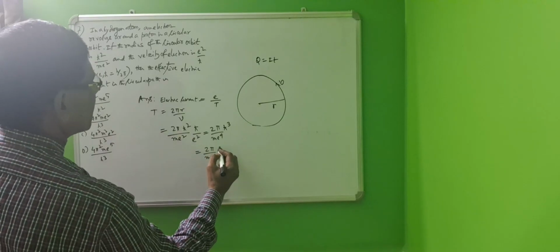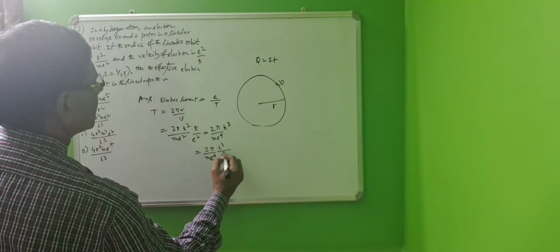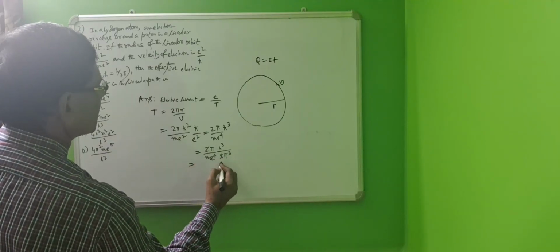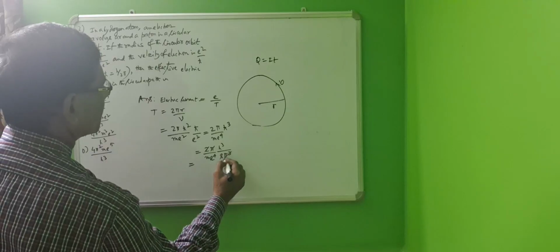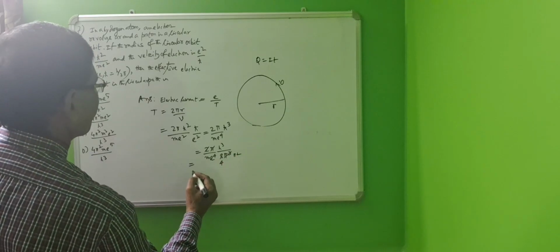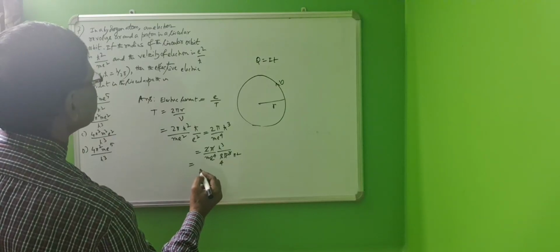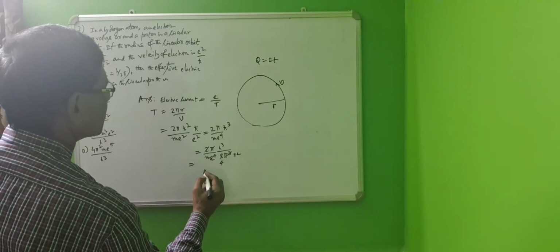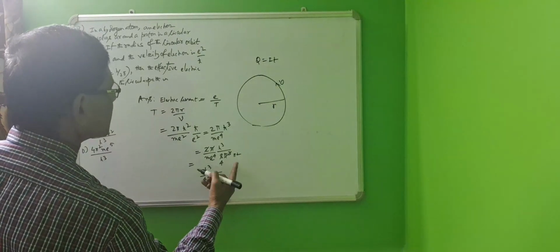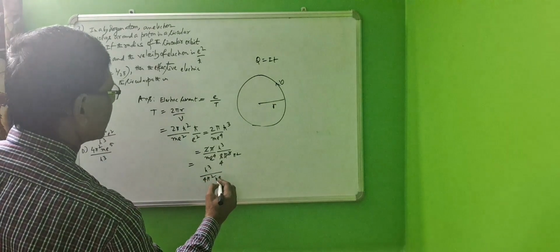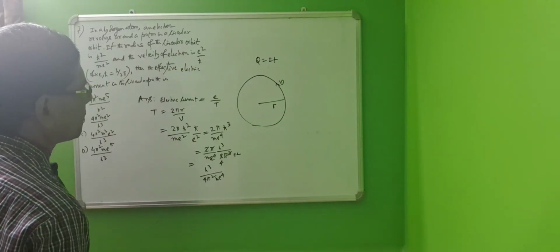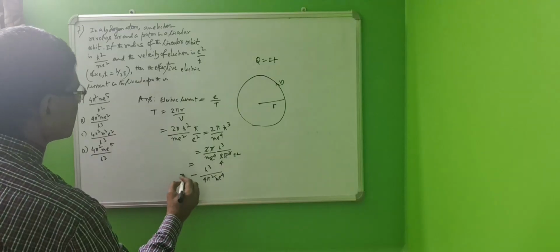With h prime equals h by twice pi, 8 pi cube gives 4 pi square. So this is equal to h cube upon 4 pi square m e to the power 4. This is equal to T.